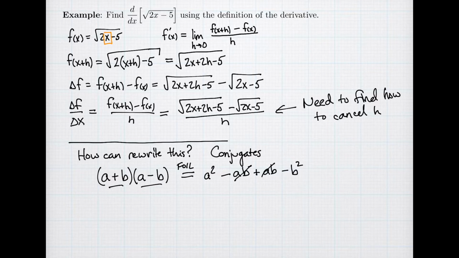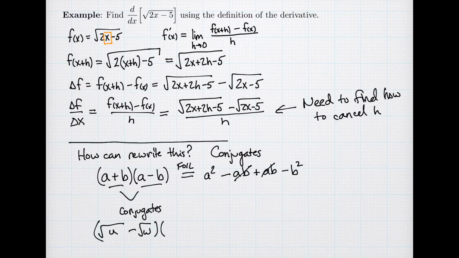These two terms are conjugates to each other. When you multiply conjugates, you end up getting the square of the first term minus the square of the second term. So if I had a square root of a number, let's call it u, and I have, let's do subtraction first, because that's what we'll be looking at.